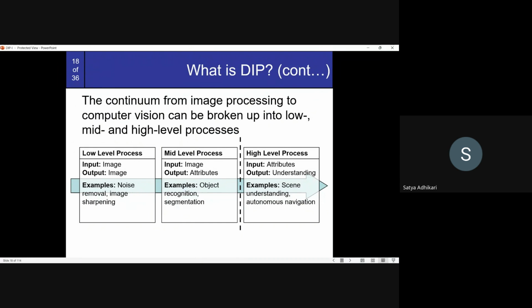We will discuss the later stage, how to remove the noise and what image sharpening is. These are topics we will discuss. But you see that if we remove the noise or do image sharpening, it belongs to low level processing.